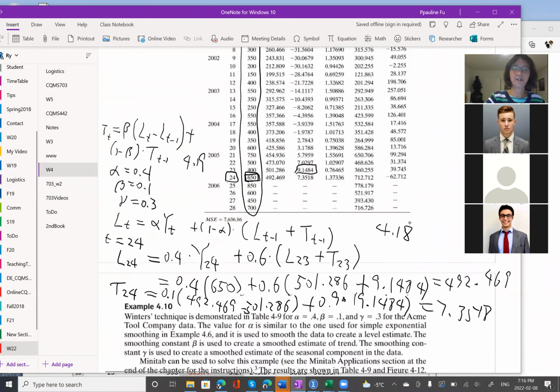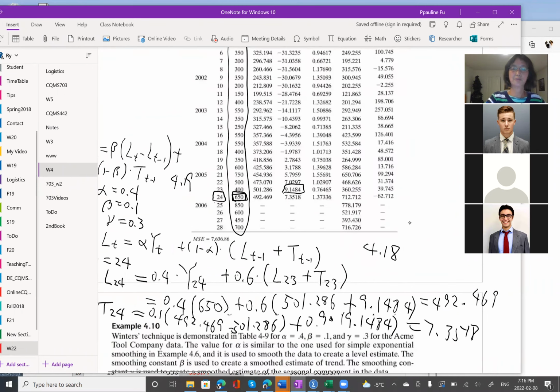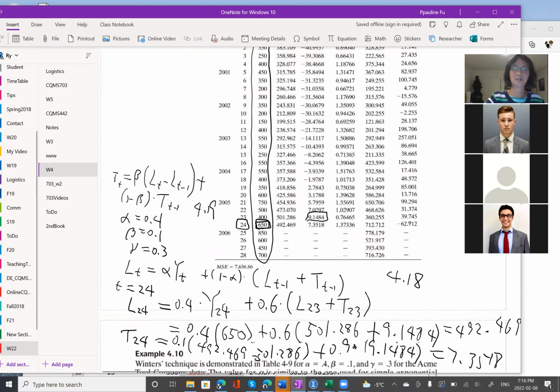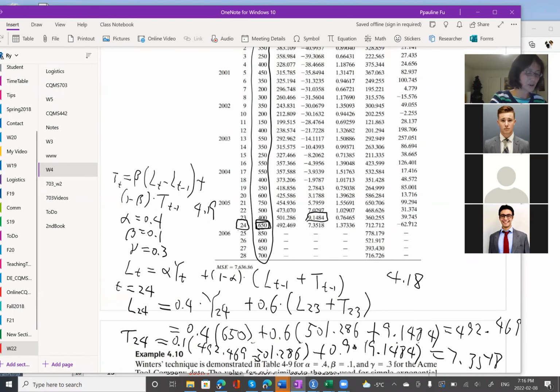So S24. Do I have space? Maybe I want to calculate S24 here. First, I want to copy down the formula for ST. The formula for ST equals gamma times YT over LT.